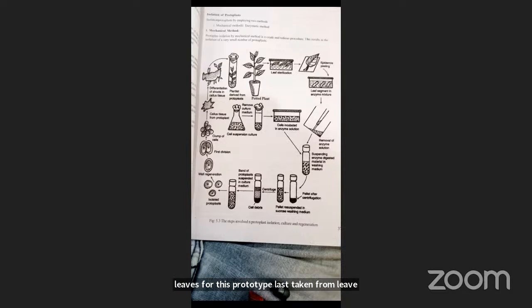After some time, this protoplast is cultured using culture media. The culture methods are the feeder layer technique, co-culture of protoplast, and micro drop culture. So these are the different methods used for protoplast culture. The first one is the feeder layer technique.